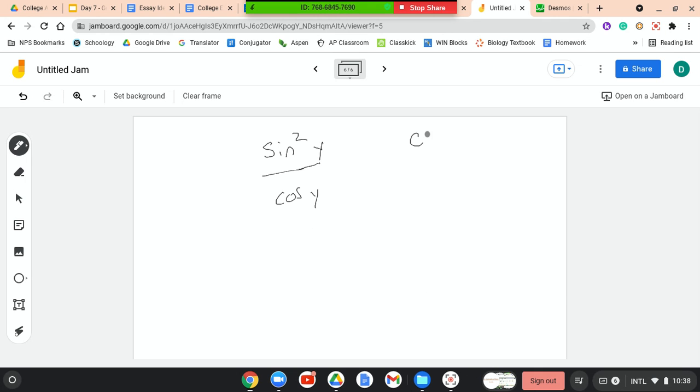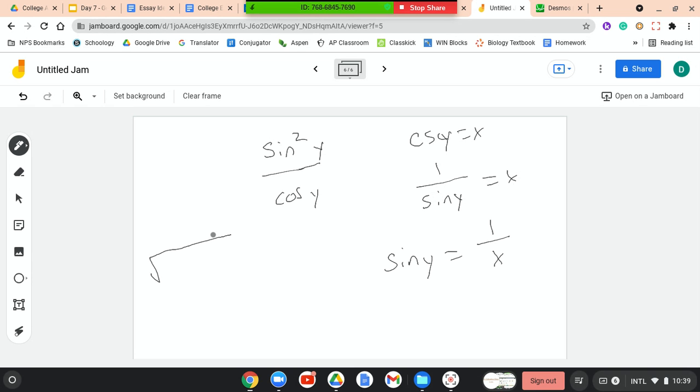All right. If we say cosecant y equals x, that's the same thing as saying 1 over sine of y equals x. So then I could say sine of y equals 1 over x. Next, I'm going to rewrite cosine of y as the square root.